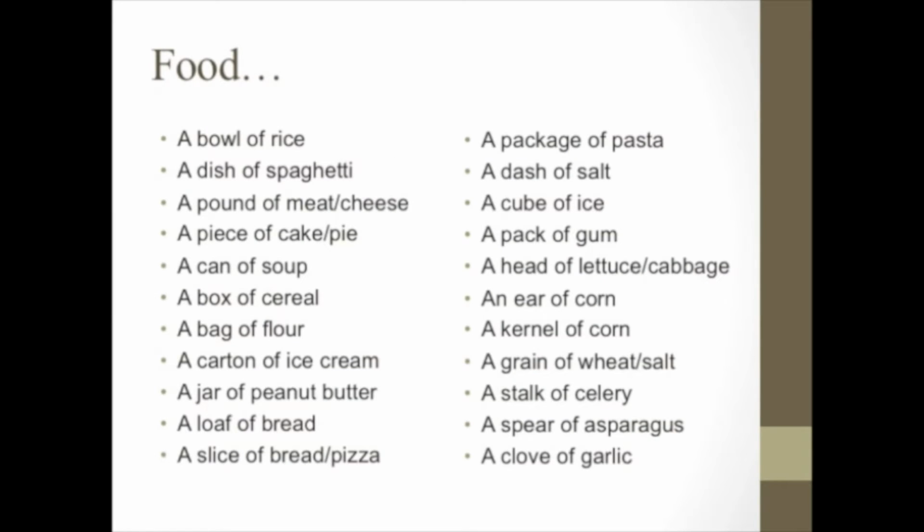Here is a more lengthy list of units of measure that we commonly use, though there are more to be sure. Pause the video here or at any point for reference if necessary. Foods can be counted by their shapes or containers.